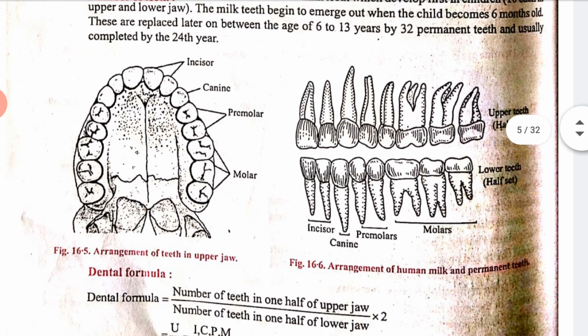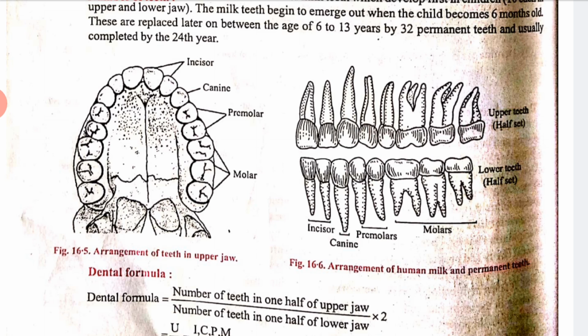See the structure: the middle and center is known as the incisors. After that we have a single canine, then two premolars, and lastly the molars. In this way we have the upper jaw half set and the lower jaw half set. Clear, students? Yes.